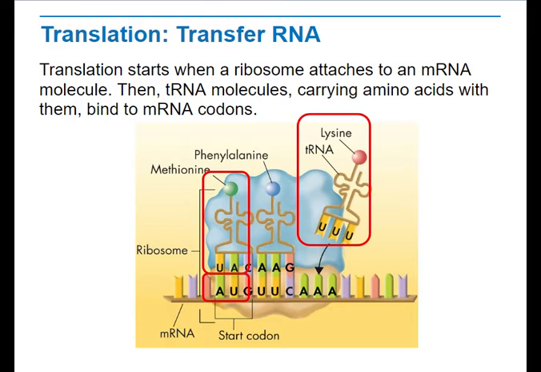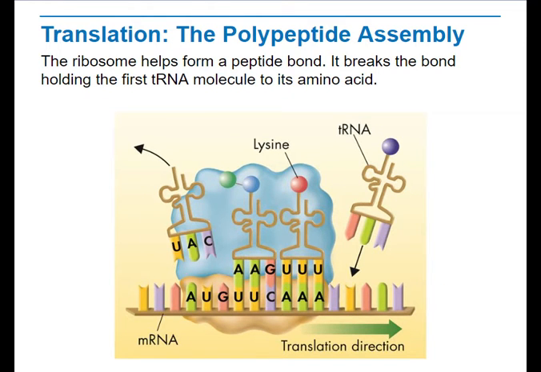So the methionine is going to be attached to the phenylalanine, and then that's going to be attached to the lysine, and so we are starting to develop a polypeptide chain based on the order of the codons, because the order of the codons determines which tRNAs are going to be attached in which order, and then the types of tRNA determine which amino acids are going to be added to the polypeptide chain.